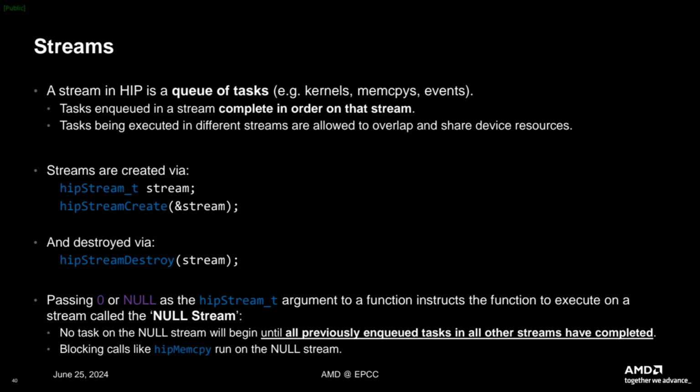So basically, there's the idea of this null stream that is a special stream that you can define either by passing 0 or null to your kernel. And any task in the null stream will not begin until all previously enqueued tasks have completed.